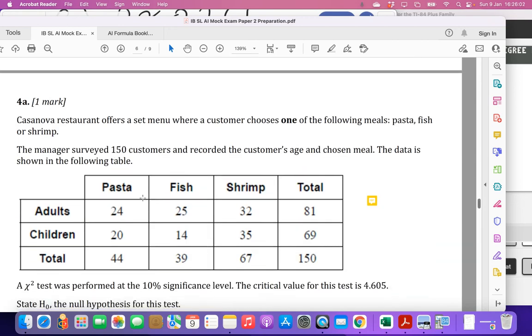So I add pasta and fish together. 24 plus 25 is 49. 49 over 69 kids is the probability of that.